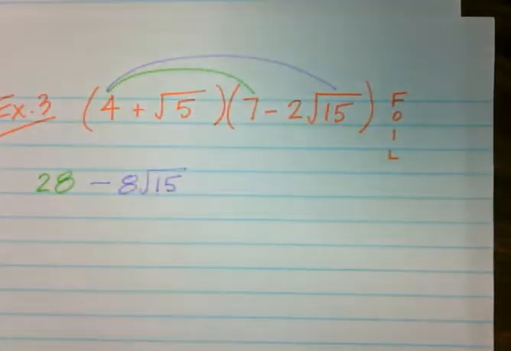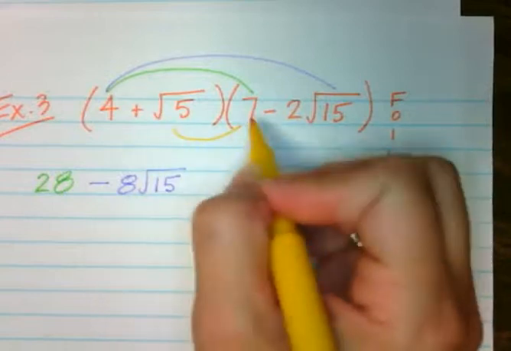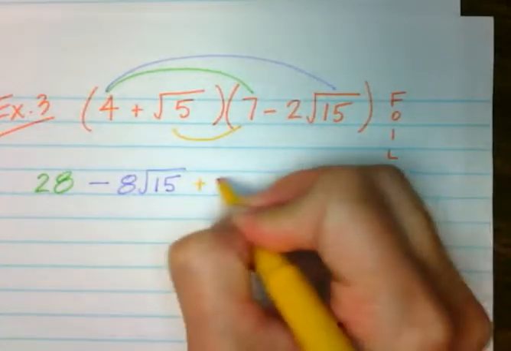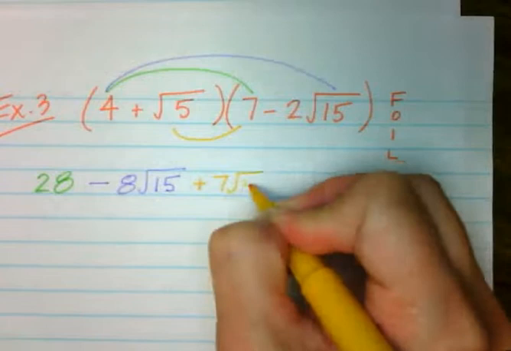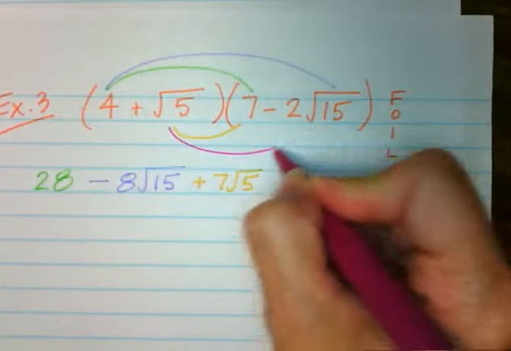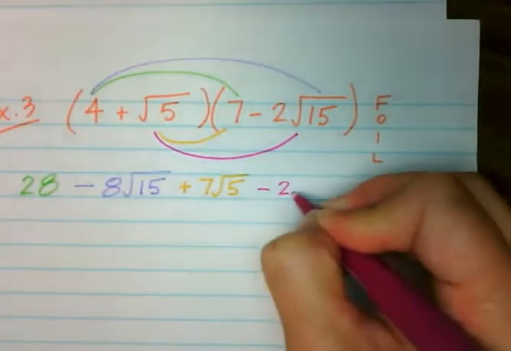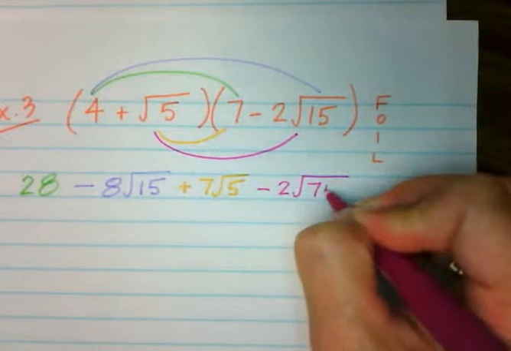All right, next up we have the inside terms. So we need to multiply these two together, and you're going to end up with positive 7 square root of 5. And then the last terms multiplied together are going to be those two, and we'll end up with a negative 2 square root of 75.